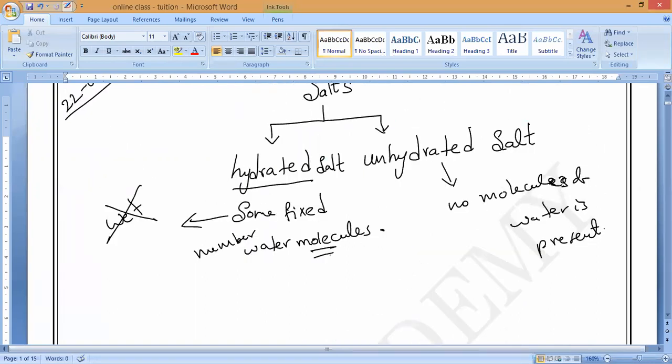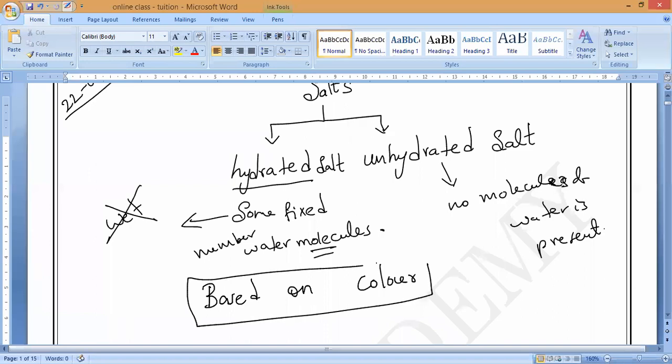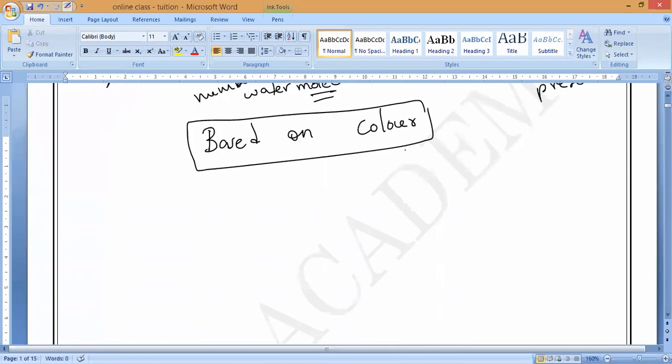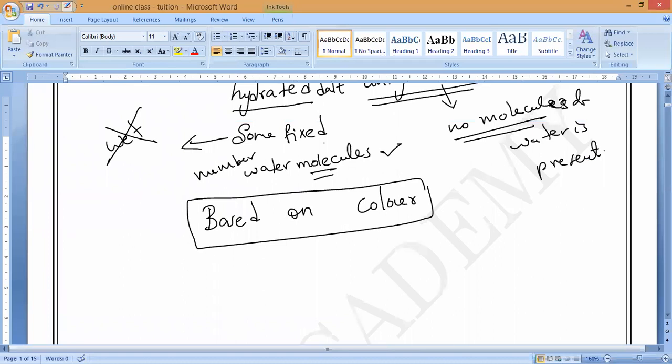When it contains a fixed number of water molecules, the salt has one color. Once the water molecules are removed, it changes to another color. That is what we call an unhydrated salt. Sir, here water molecules are contained, so is it a wet salt?